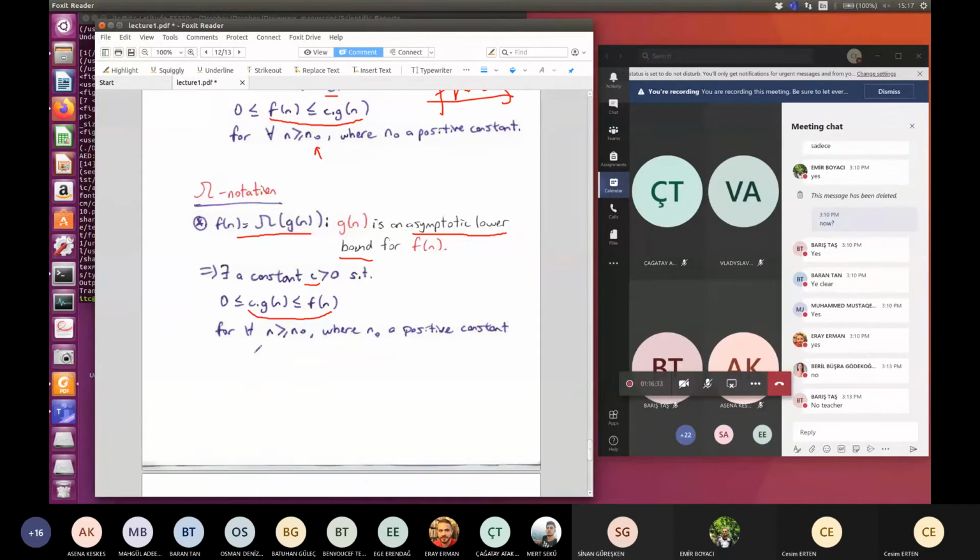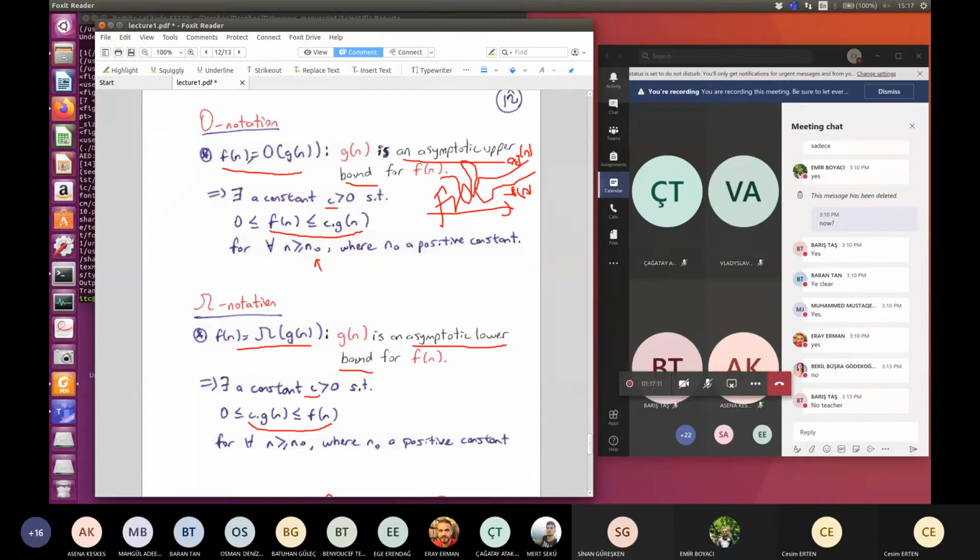So for these notations, just so that you may make a comparison with the arithmetic operators, you can think of the theta notation as being equivalent to the equals operator, the big O notation as being equivalent to the less than operator, and finally the omega notation as being equivalent to the greater than operator.